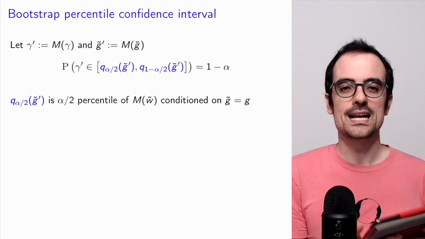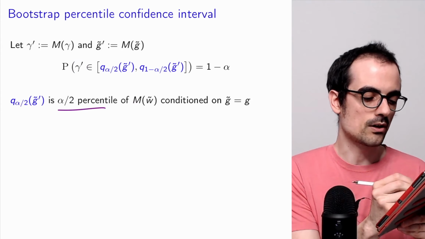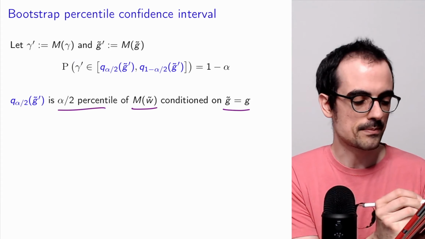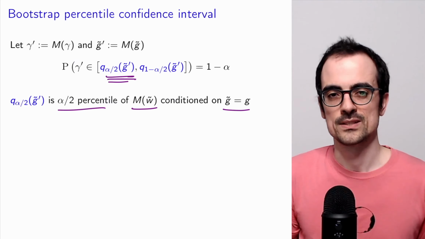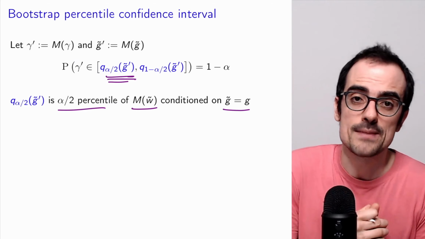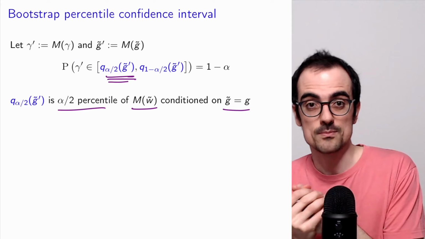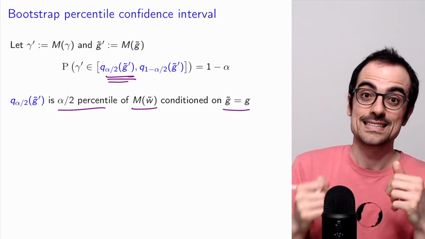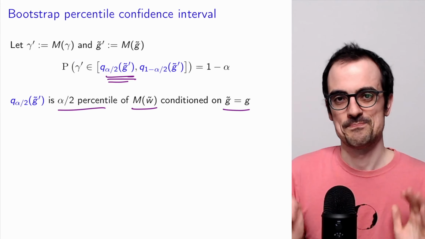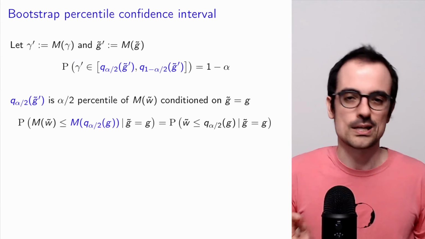But now what we realize is that we need the alpha half percentile of M of W conditioned on G. Just to be very clear, this is the bootstrap percentile of the transformed data. But now, because this is a monotonic transformation, the alpha half percentile of the transformed data is equal to the monotonic transformation applied to the alpha half percentile of the original data. That's not completely obvious, and you should probably look at this equation and make sure that you buy it.